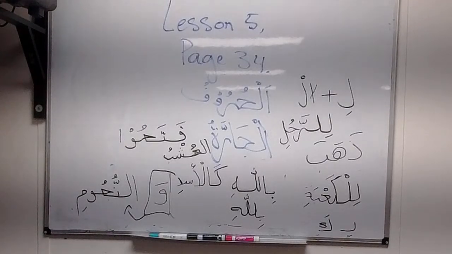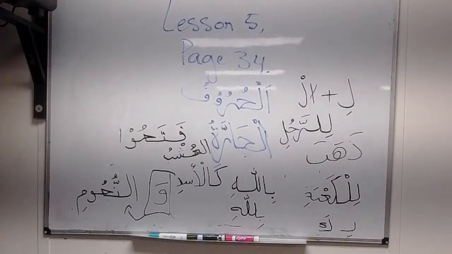Musakhar in the Arabic language could mean that Allah subhanahu wa ta'ala, in this context, it means that it is held. So the clouds are held between the heavens and the earth. Or there's a better word I'm trying to think of in English for musakhar.